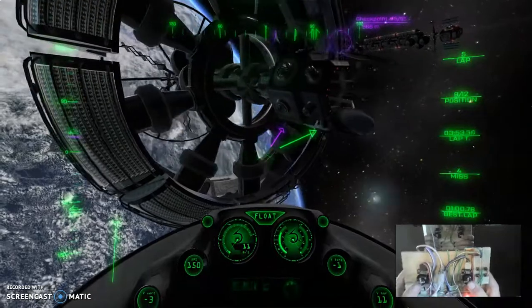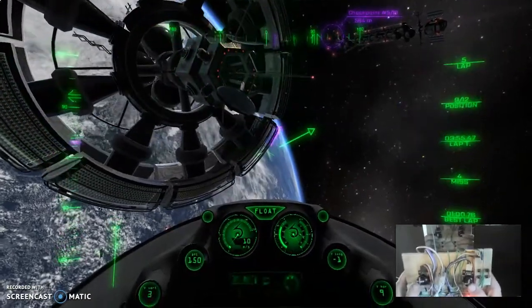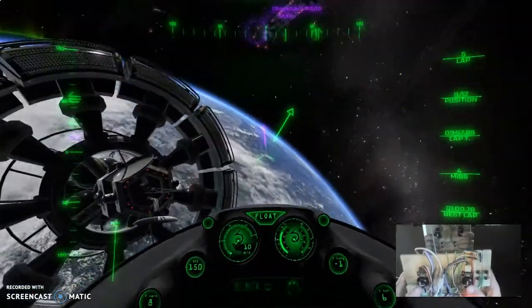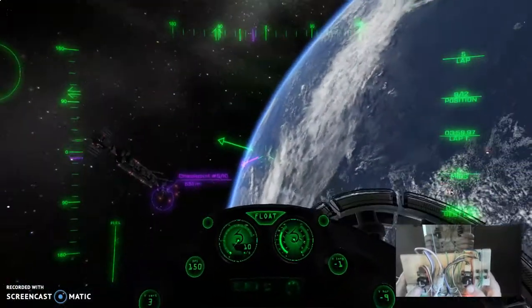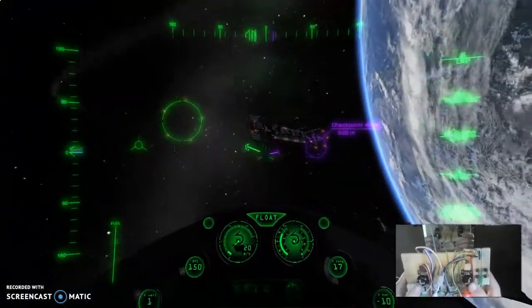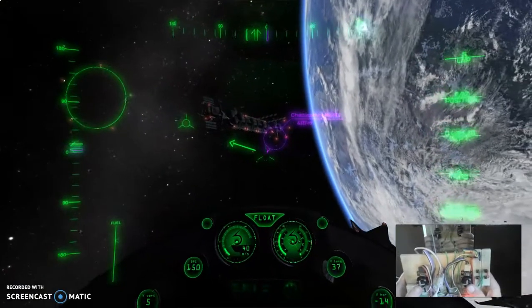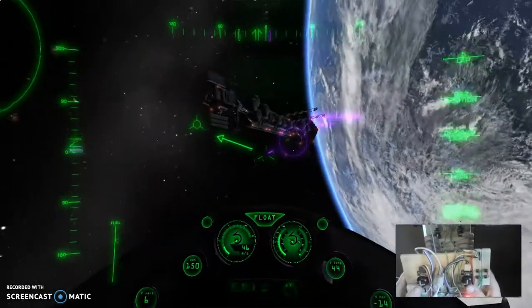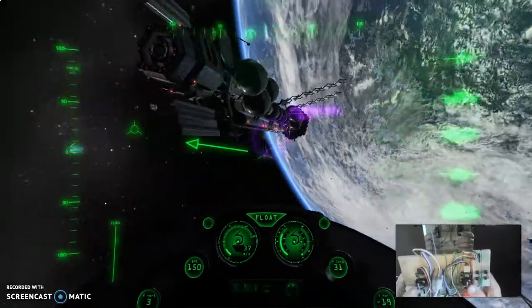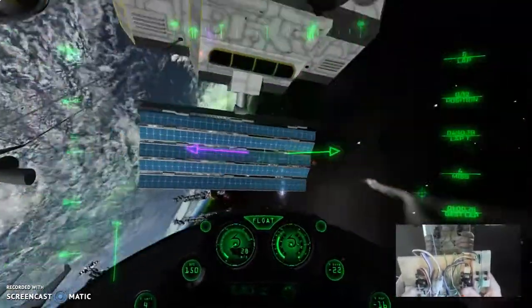Okay, so again, I would like to draw your attention here. The right trigger is my roll axis, and the roll axis is on the right trigger because I actually use it less for navigation.